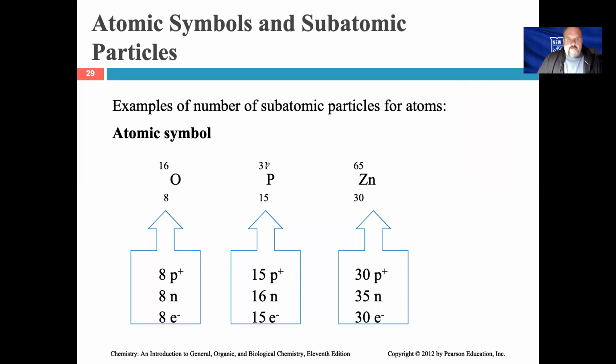Phosphorus, okay. Mass number 31, atomic number of 15. 15 protons, 15 electrons. 31 minus 15 is 16. Zinc, with a mass number of 65 and an atomic number of 30. 30 protons, 30 electrons, 35 neutrons. 65 minus 30 is 35. So here are some examples of atomic symbols and how many protons, electrons, and neutrons these isotopes of these elements would have.